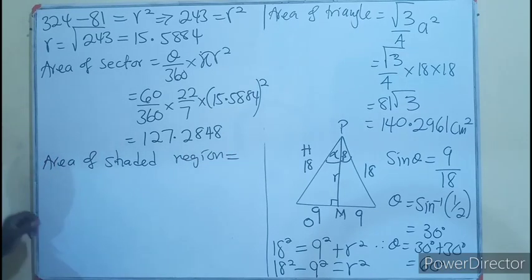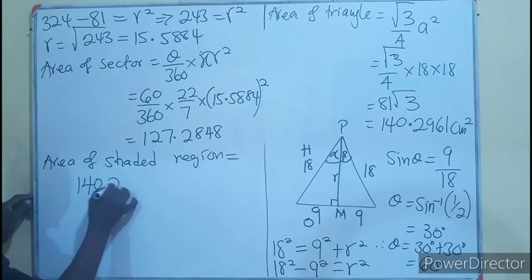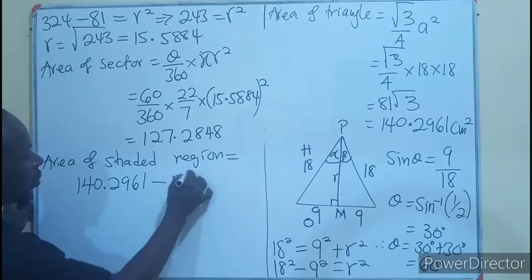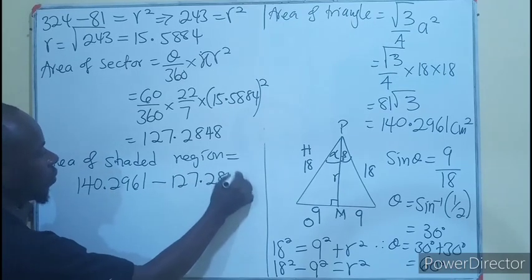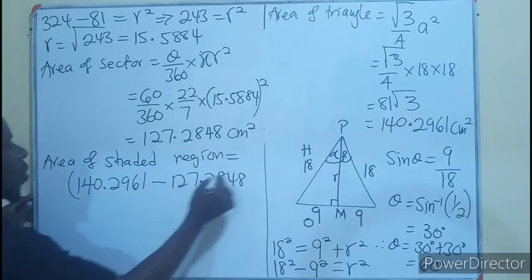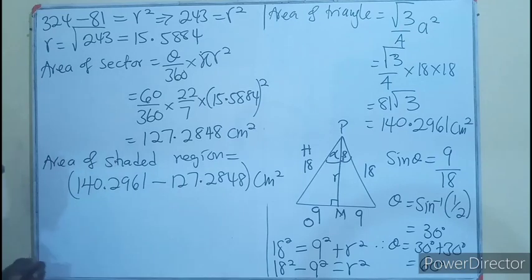area of the triangle, 140.2961, minus 127.2848. Don't forget this is centimeter squared. All will be in centimeter squared. We're looking for area.